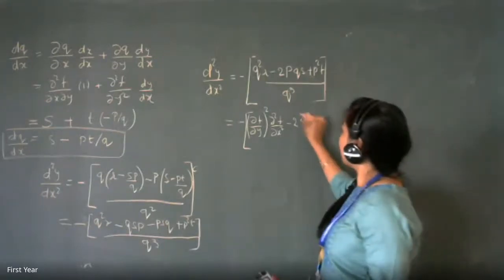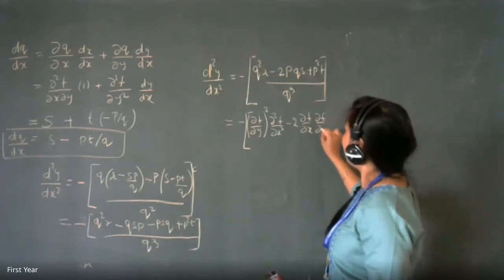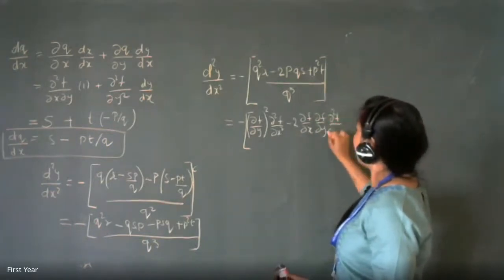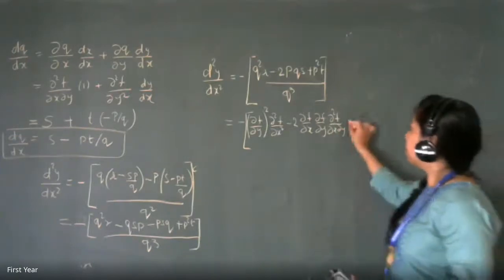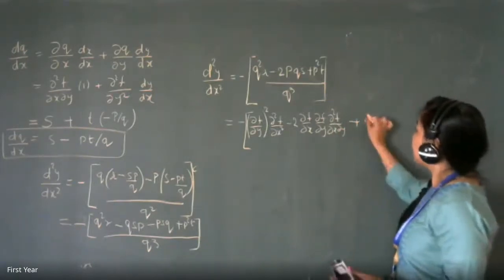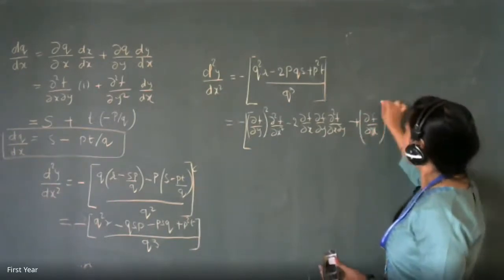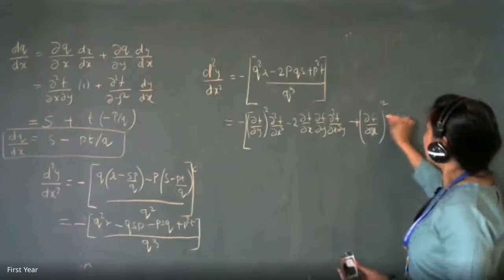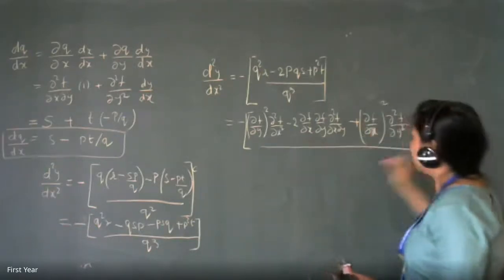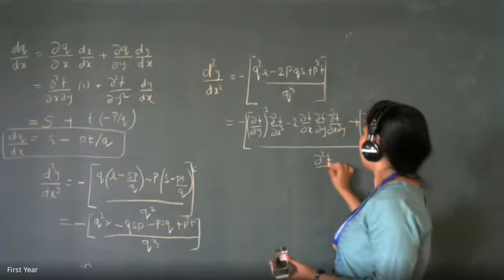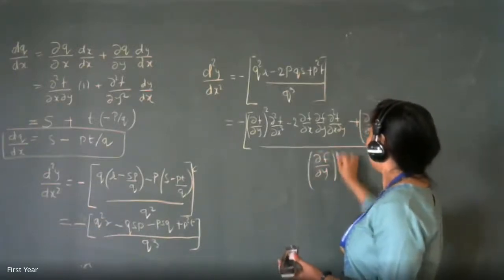Minus 2 delta f by delta x, q is delta f by delta y, into delta square f by delta x delta y or delta y delta x, both will be same, plus p square, that is delta f by delta x the whole square, into t, which is delta square f by delta y square, divided by q, that is delta f by delta y the whole cube.